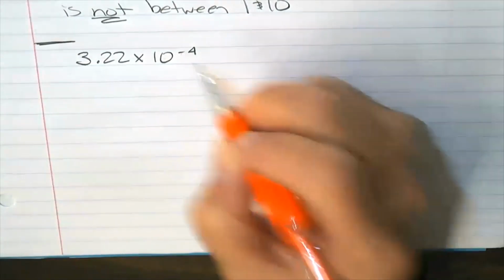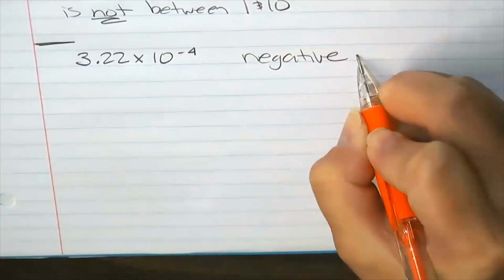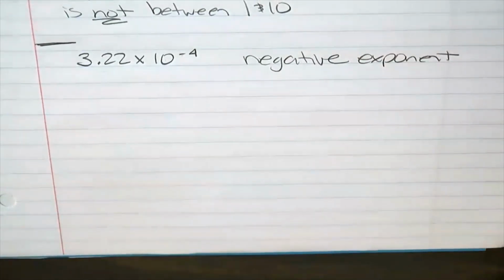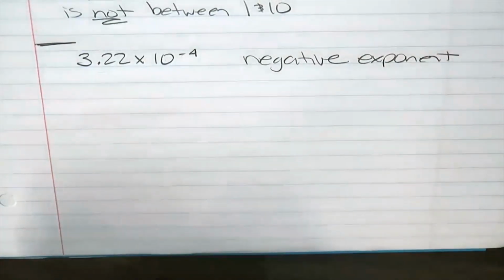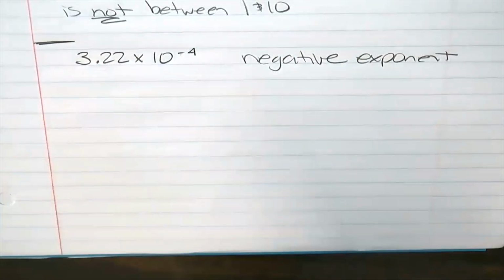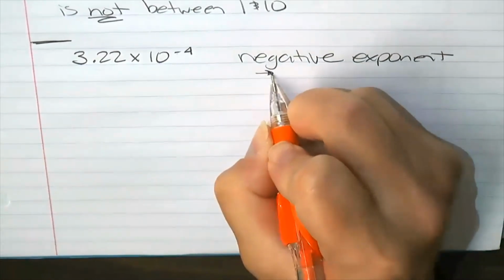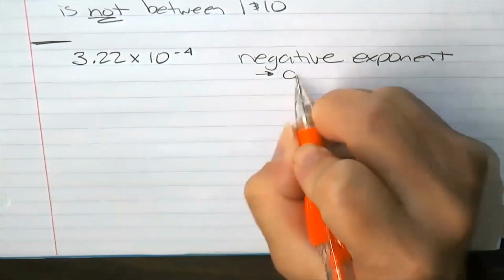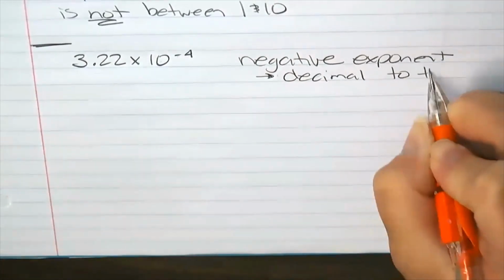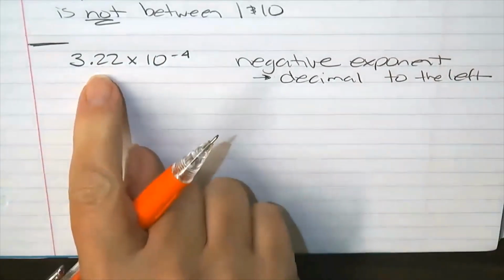If we have a negative exponent, we're moving the decimal to the left. That means we're making this number smaller. So a negative exponent means we move the decimal to the left, and we're making this number smaller.